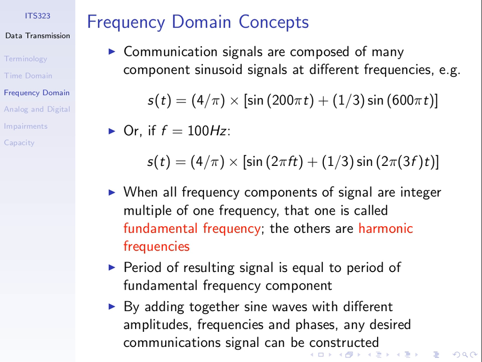Here's an example. Here's some signal, S of t, which is the summation of 2 sinusoids: sine 200 pi t plus 1/3 sine 600 pi t. There's a multiplier out the front. Let's break it down before we explain any further.